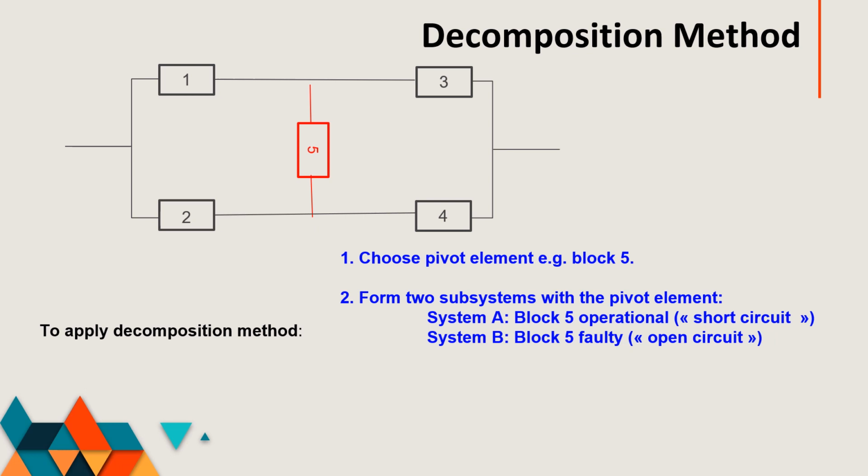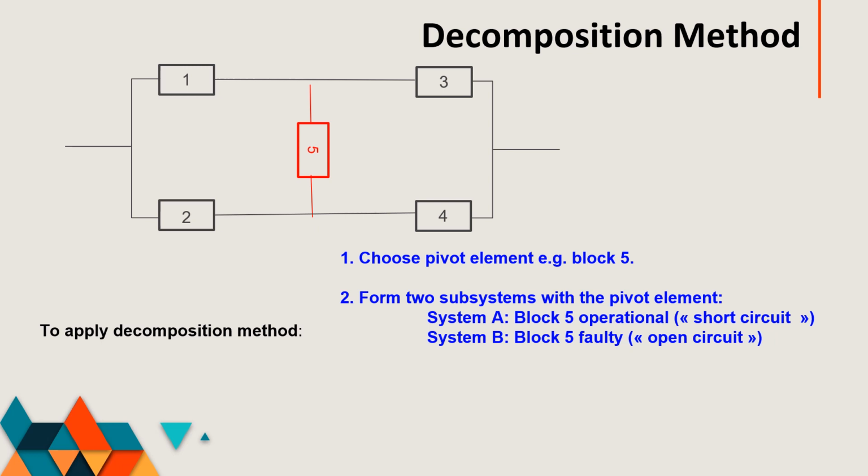To understand this better in computation, assume that block 5 is now a short circuit. It is a simpler way of understanding this, because I know you ask, how can it be a short circuit when it is working? That is the method of decomposition.